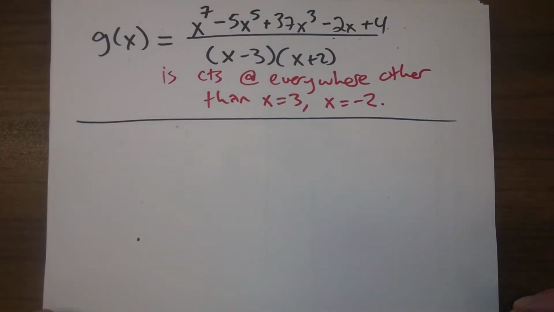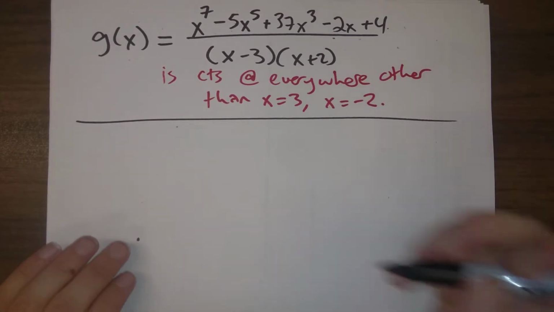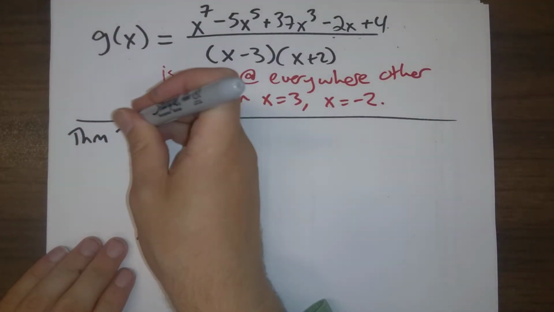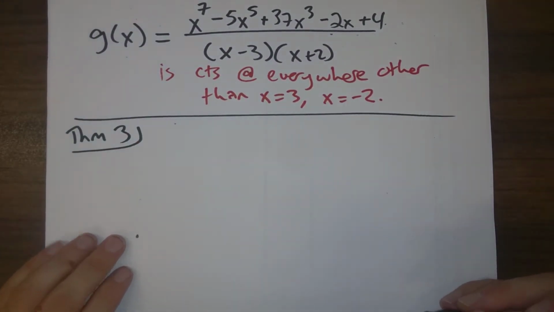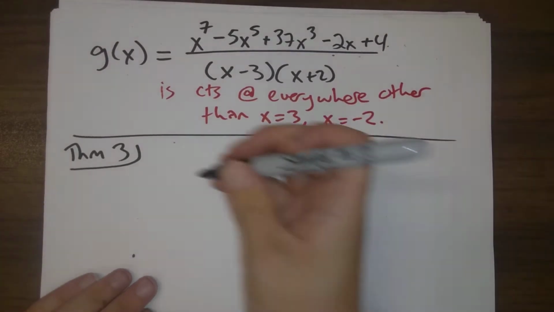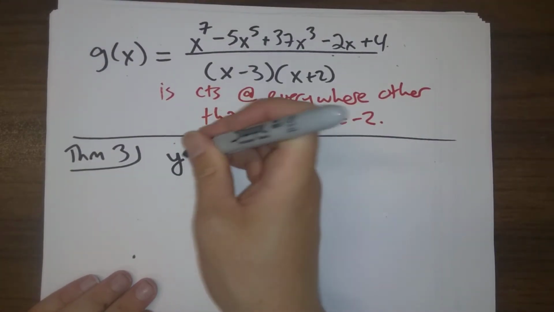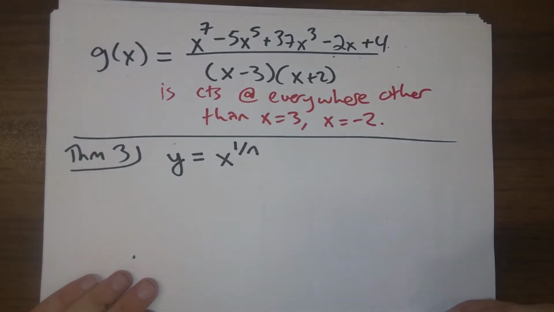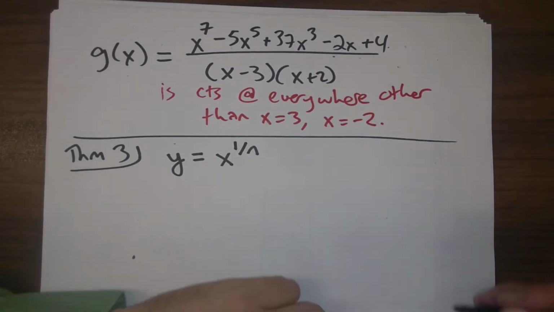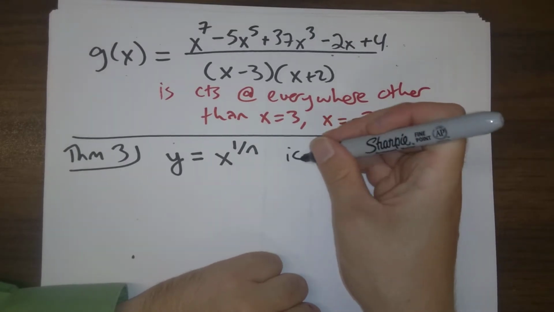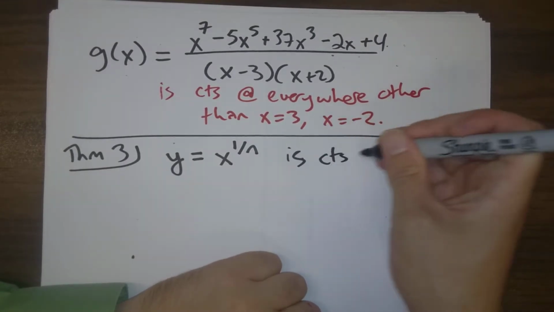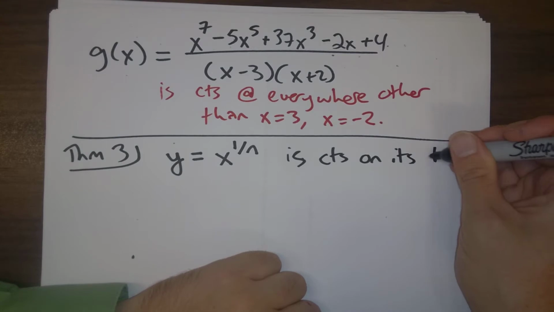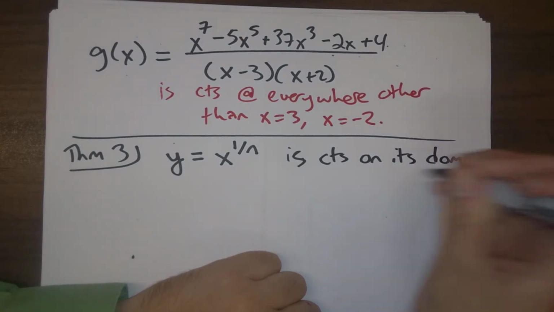At this point, we're just going to list off some more functions that are continuous. It's just some basic functions here. So y is x to the 1 over n, the nth root of a function. This is continuous on its domain. It might not always be defined.